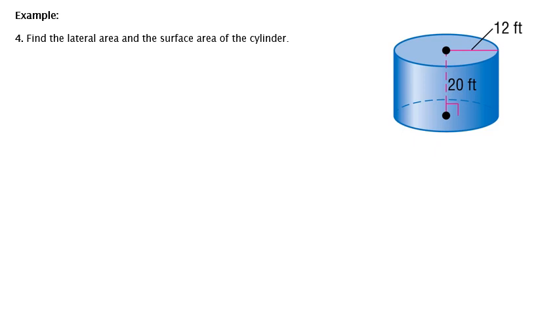Okay, well, let's do another example. So we are going to find the lateral area and the surface area of our cylinder. And that's not too bad, because in order to find surface area, we're going to need the lateral area anyhow. We're given the radius here of 12 feet. So that means for my lateral area, remember, I'm looking at 2 pi r times my height, and I'm given my height. 20 feet is my height.